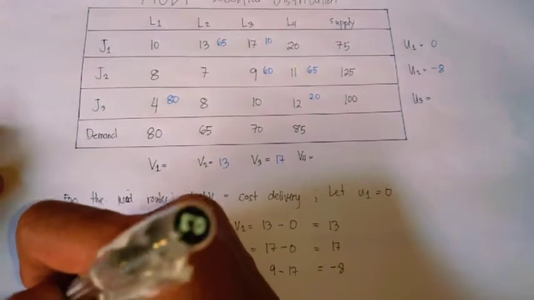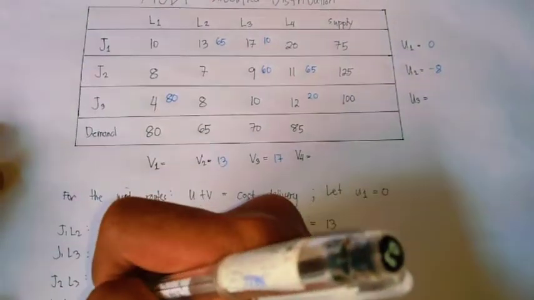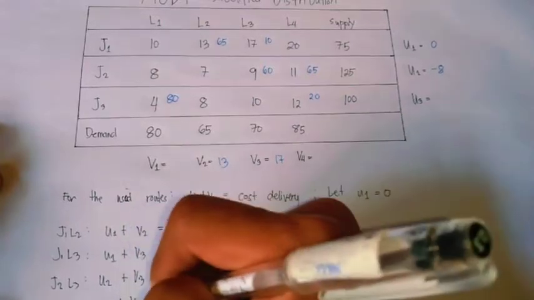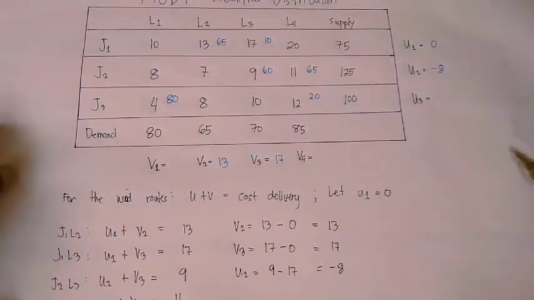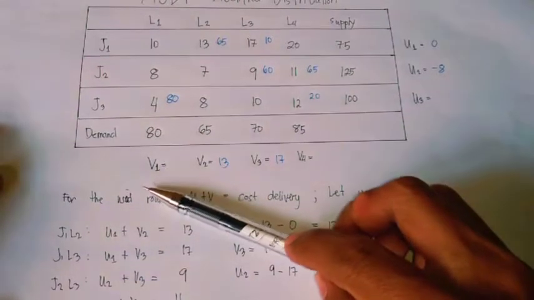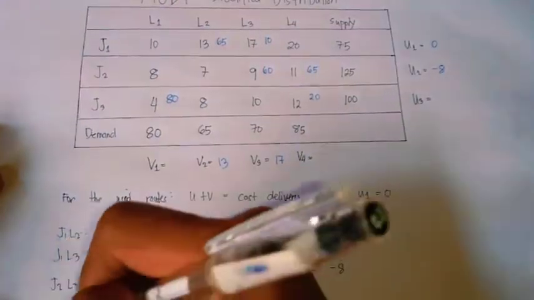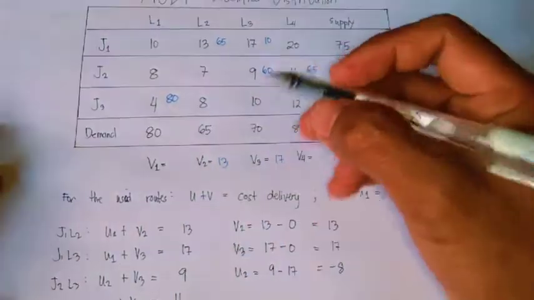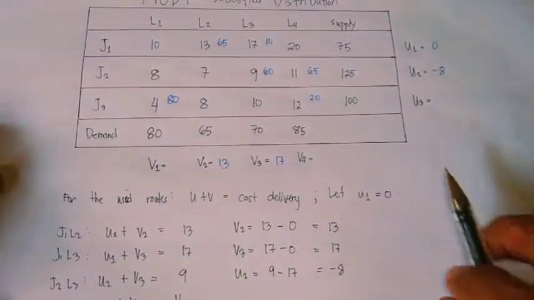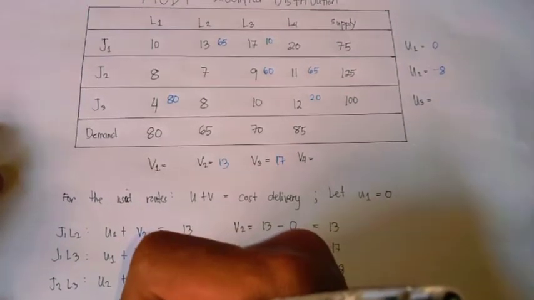Next, J2 L4, which is 11. Since we don't have the value of U3 and V1, we will move to the next value. So here, J3 L1, U3 plus V1.